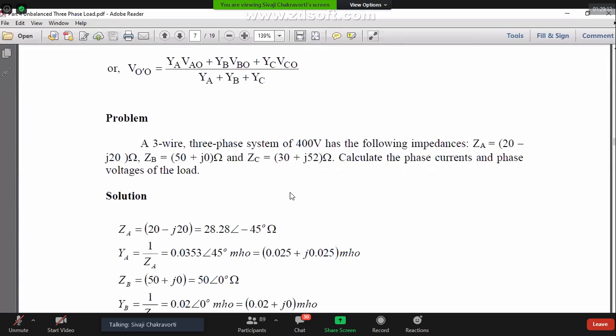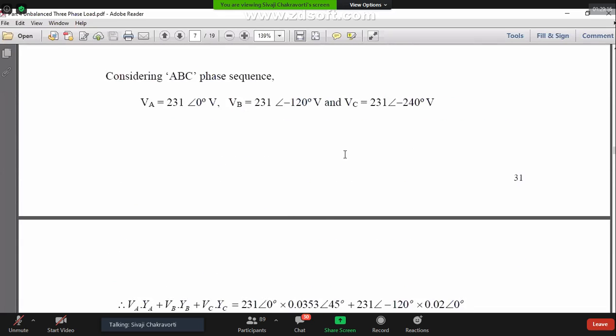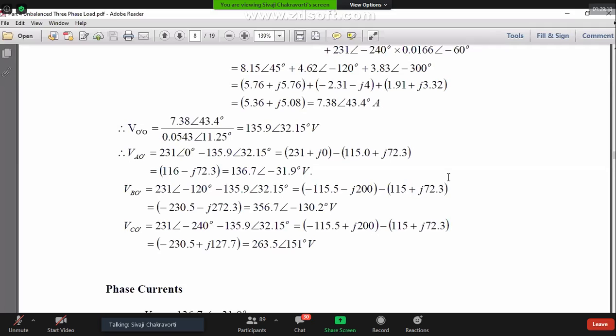Fine. So now this is ZA given, you take YA, that is admittance. ZB, ZC, so YA, YB, YC. Then in this formula, in the denominator we have YA, YB, YC. In the numerator we have the YA into, this is the source voltage, not the load voltage.